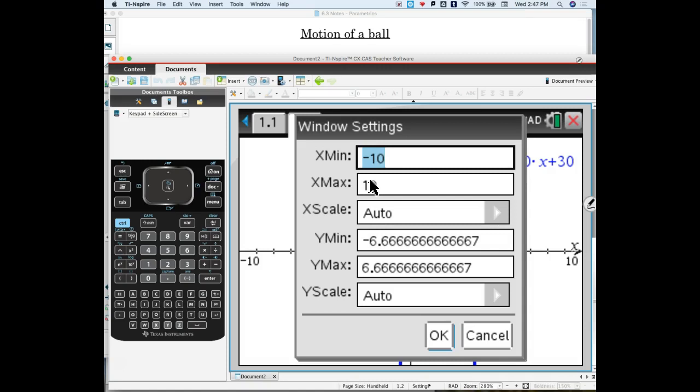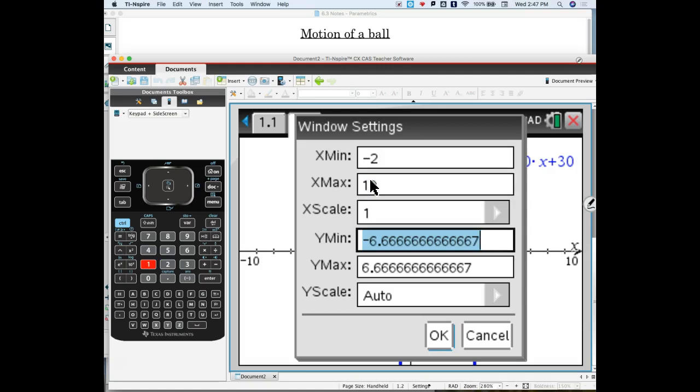Negative X's mean back in time. Now, unless you're Marty McFly and you've got a spare flux capacitor on this roof with you, you don't need no stinking negative X's. Maximum, still 10. You can keep it at 10. I'm going to go by ones this time.